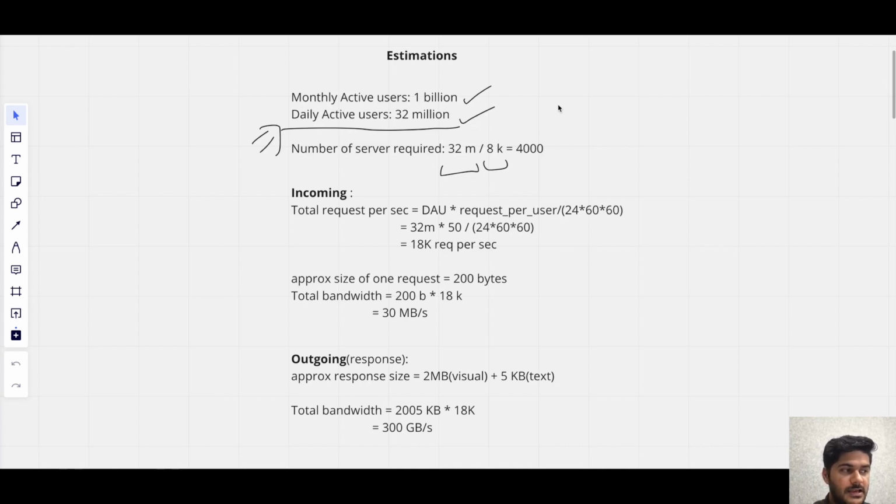Now how I came to this number, I think I should create a separate video for it. But normally we have two kinds of requests. One requires heavy usage of CPU, and we call them CPU bound requests.